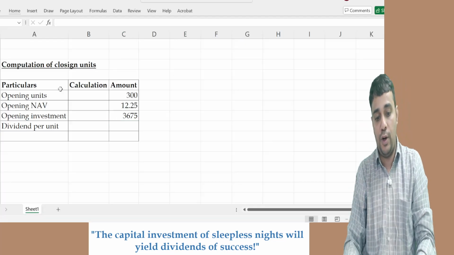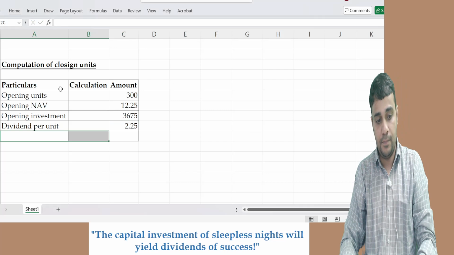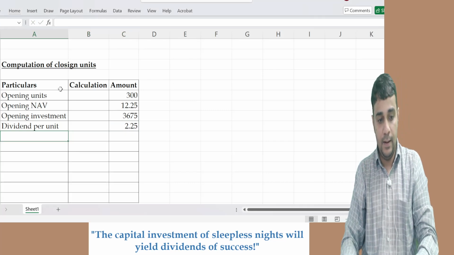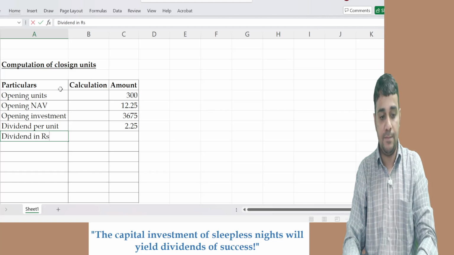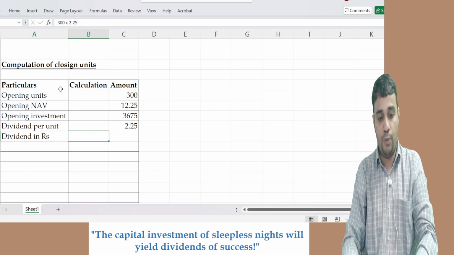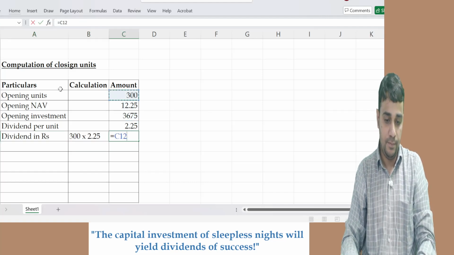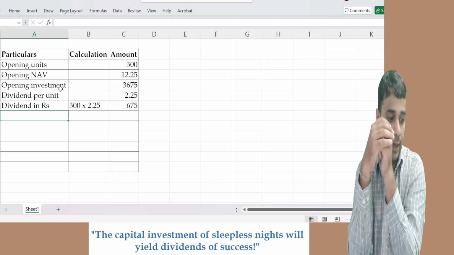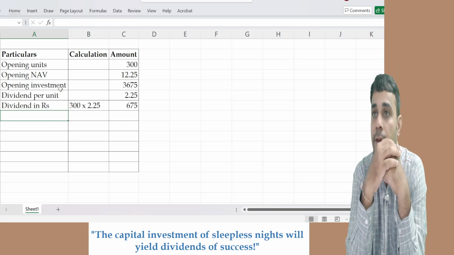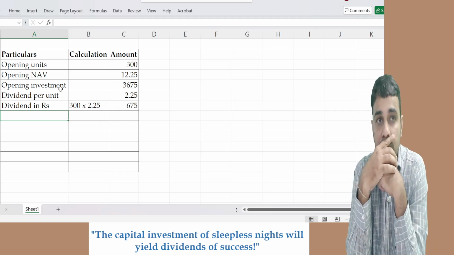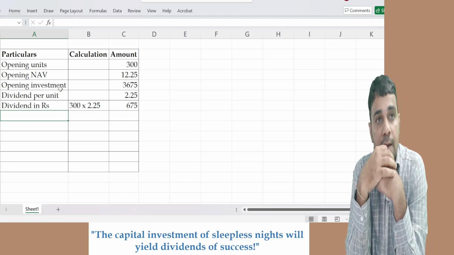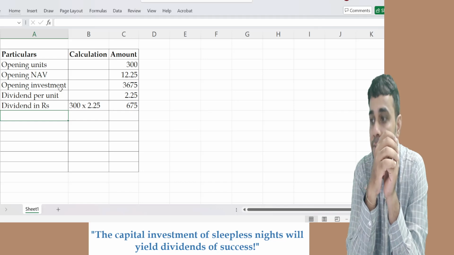So put together, 2.25. Dividend in rupees: 300 into 2.25, 675 is the dividend I am getting.